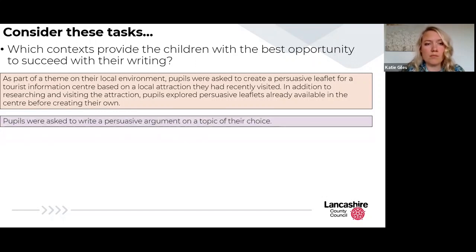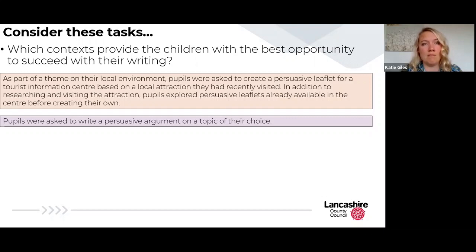Second one, pupils were asked to write a persuasive argument on a topic of their choice. Okay, so with this one, we have a purpose to write a persuasive argument, but we don't have a clear topic.